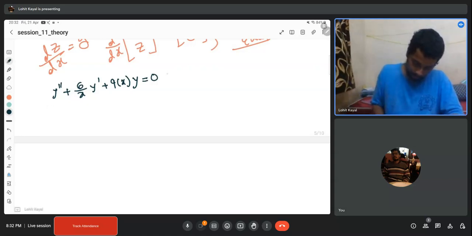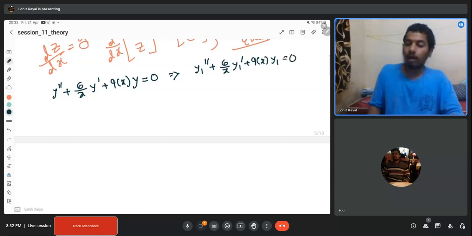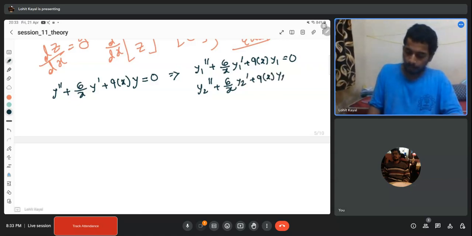So that implies y1 double prime plus 6 by x y1 prime plus q(x) y1 equal to 0, because y1 is a solution. That means it must satisfy this governing equation, and y2 double prime plus 6 by x y2 prime plus q(x) y2 equal to 0, as y2 is also a solution.